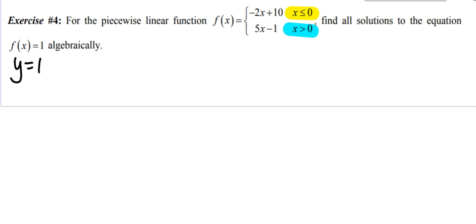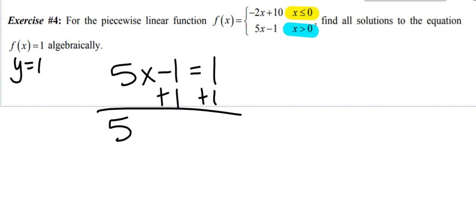So based on this equation given, which one actually makes the statement true? Well, 5x minus 1, x has to be greater than 0. So if x has to be greater than 0, we're going to use that equation because 1 is greater than 0. So I'm going to take 5x minus 1 and set it equal to my y equals 1. And I'm going to solve for x. So if I solve for x, I get 5x equals 2.